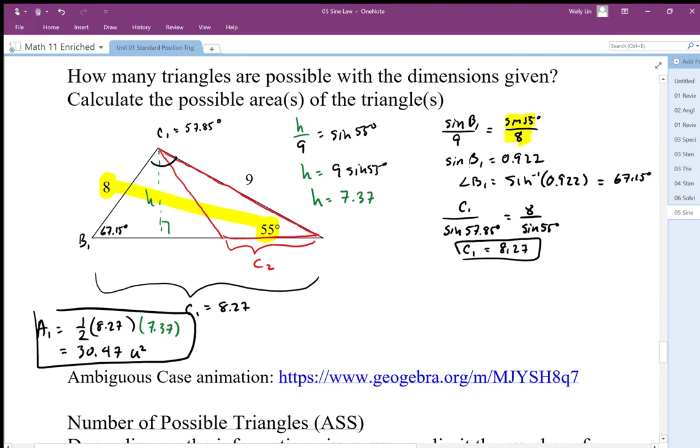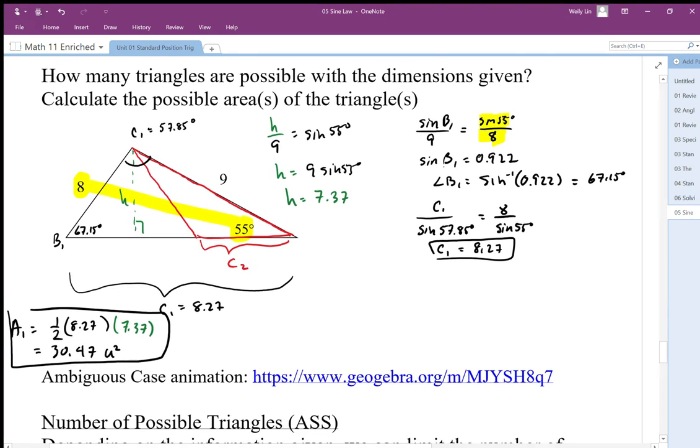To solve for the area of the red triangle, I need to solve for side C2, so I need to solve for angle C2 here. Oh, I haven't solved for B2 yet.